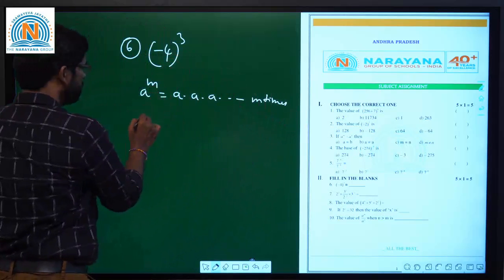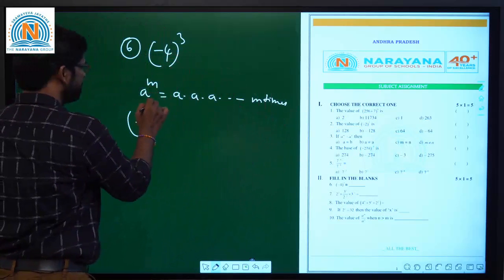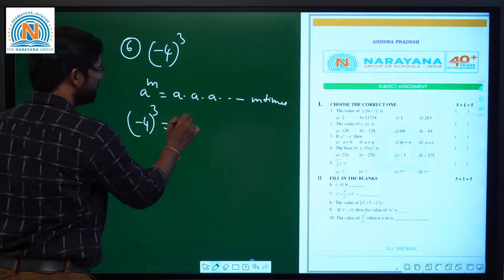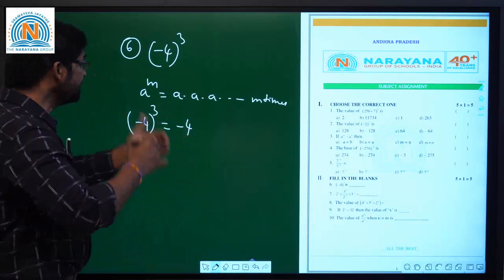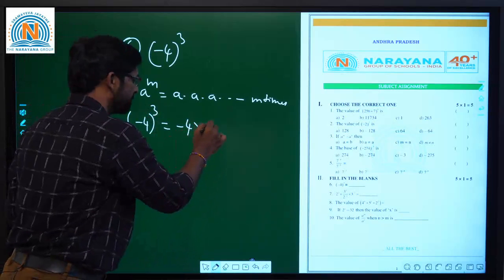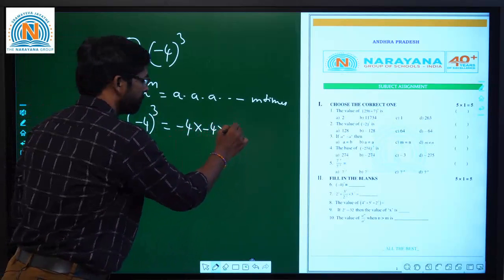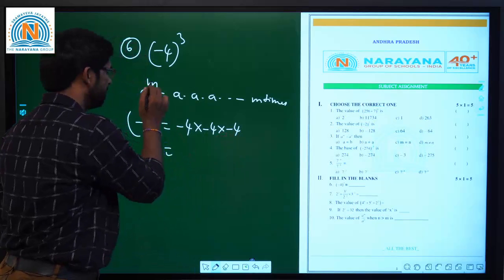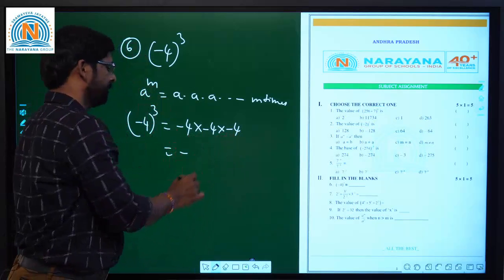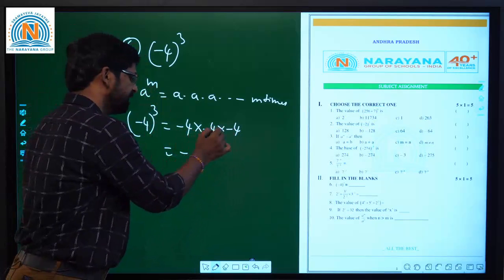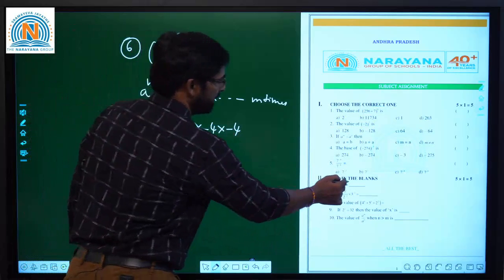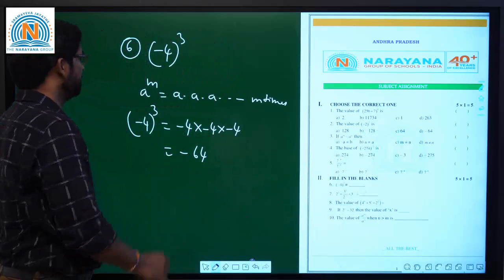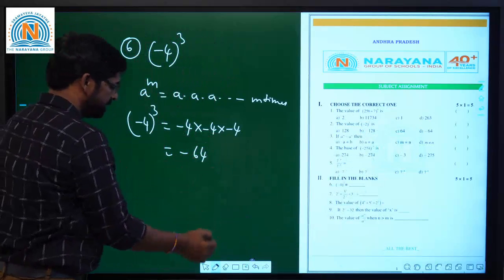So minus 4 whole to the power of 3 means minus 4 whole cube. Here the base is minus 4, the exponent is 3, so multiply minus 4 three times. Here the power is an odd number, so you get negative. 4 4s are 16, 16 4s are 64. Minus 64. The sixth one answer is minus 64.